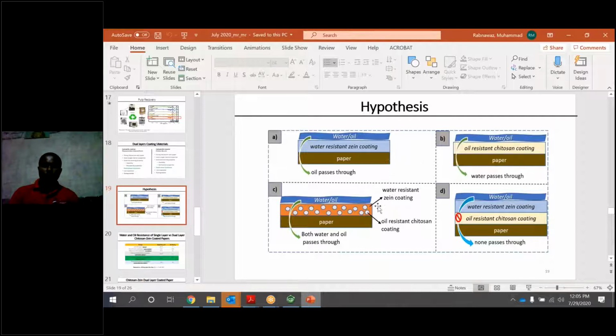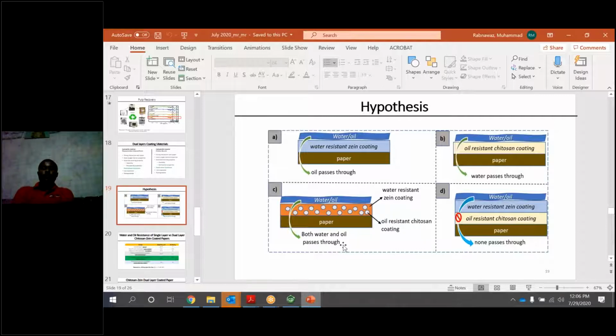So we thought that if you mix zein, which is hydrophobic, and chitosan, which is hydrophilic, you will end up with this kind of morphology. That means you have oil resistance from the chitosan slots, and you have water resistance from the zein coating. So you will get a kind of moderate resistance to water and oil.